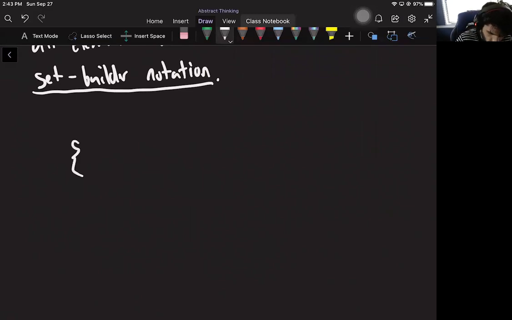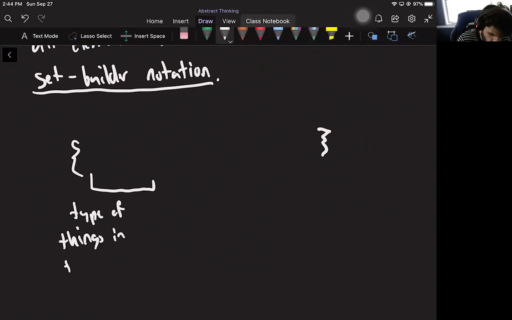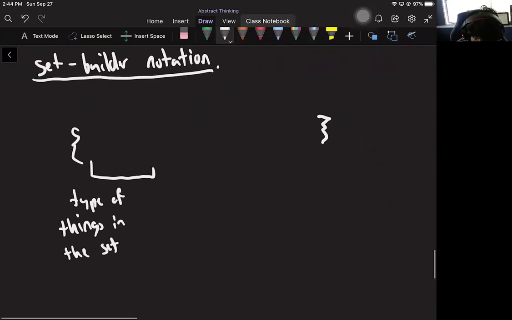You still use these curly brackets, but instead of listing everything out, you just be a little bit smarter than that. So what you do is you say the type of things in the set. So am I talking about numbers? Am I talking about people? Letters, words, types of things in the set. And then you draw a vertical line that really just means such that.